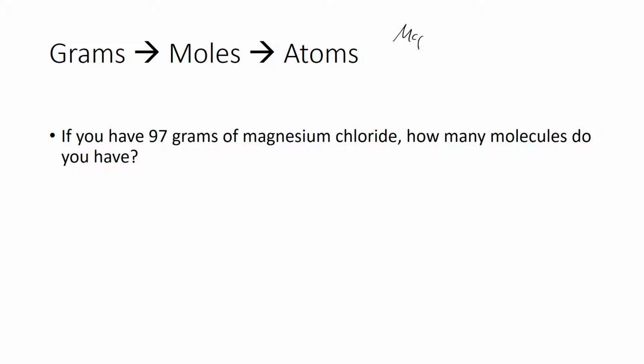So magnesium fluoride is MgCl. Or actually, I believe it's MgCl2. Yeah, it's MgCl2. So magnesium is 24.3. We got 2 fluorines.